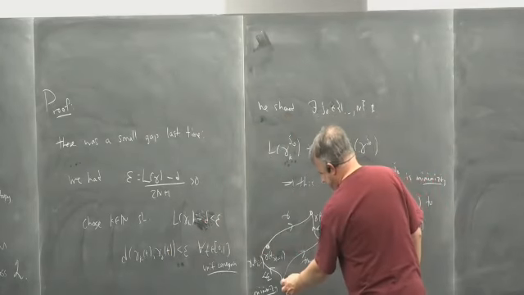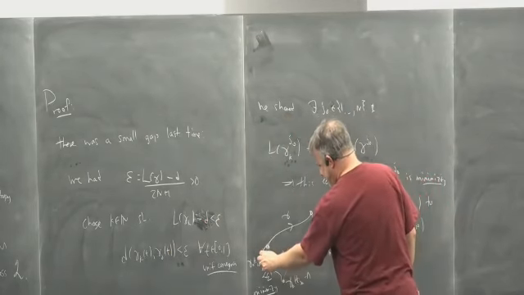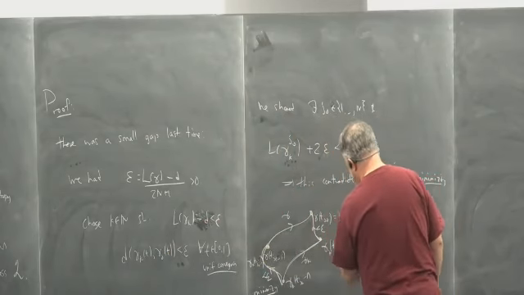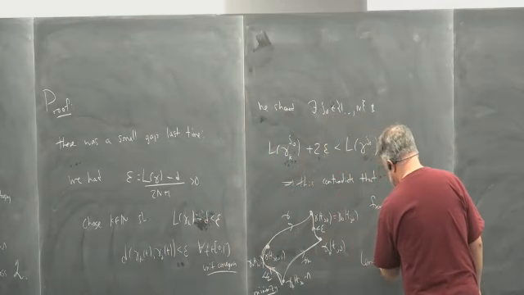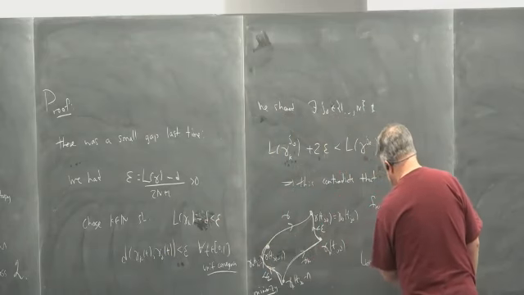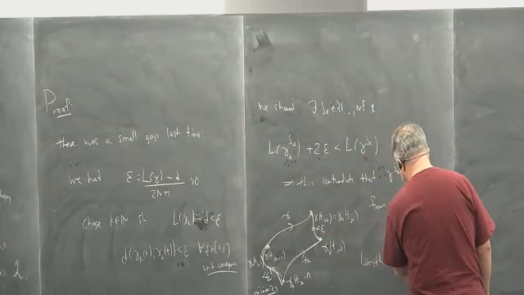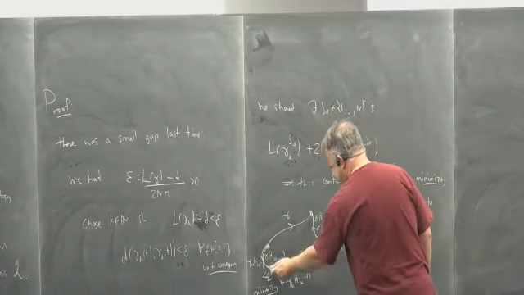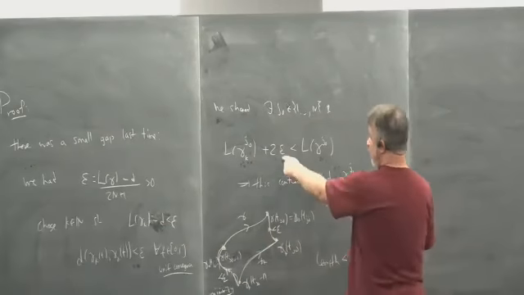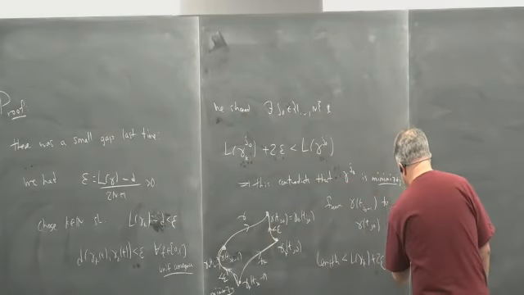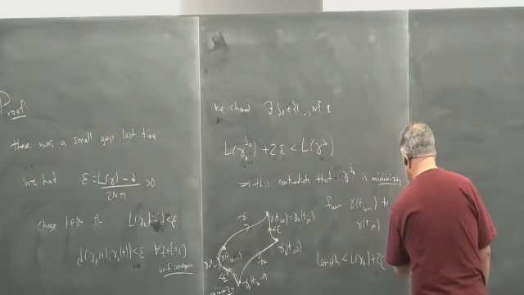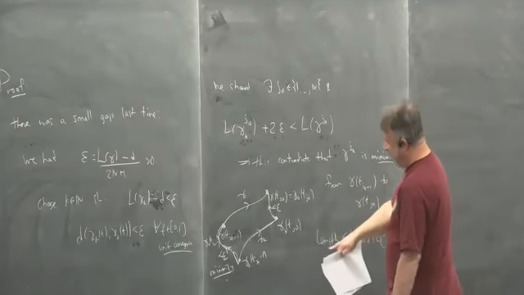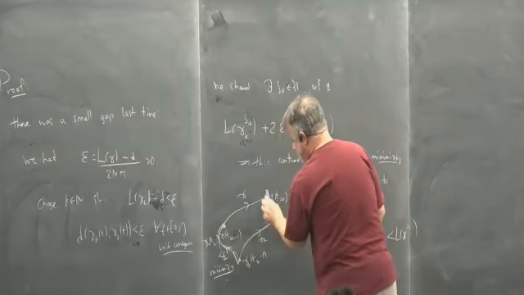So therefore, if I went from here to here, and then here, and then here, this length is less than the length of that plus the length, well, it's equal to the length of this plus this plus this, and each of these is less than epsilon, and that's where I use it. And now I'm done, because now I have a curve joining these points, right?